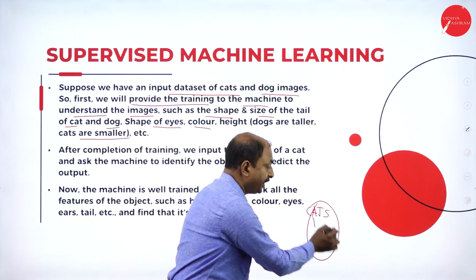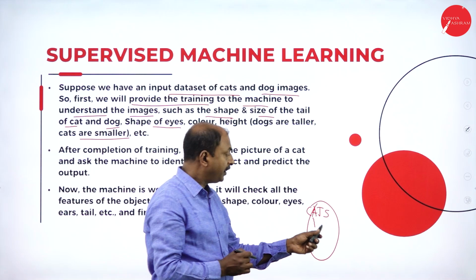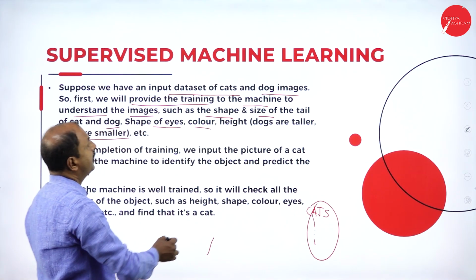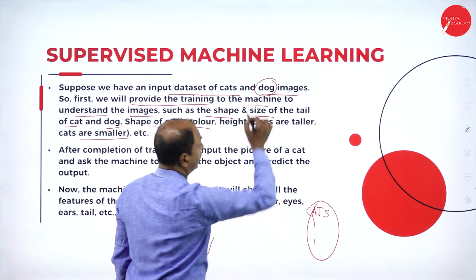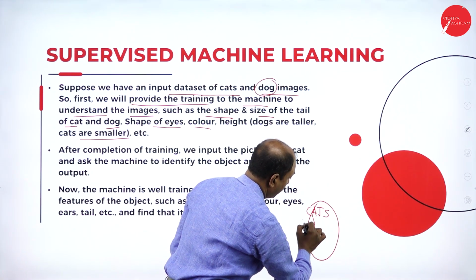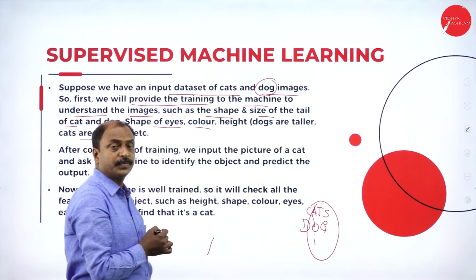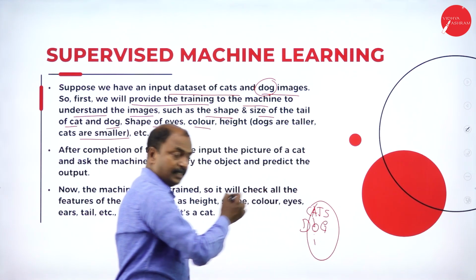So this is a data set. In the data set, we have given the features of cats. Similarly, we also give the features of dogs in the data set. So here we are giving all the details.